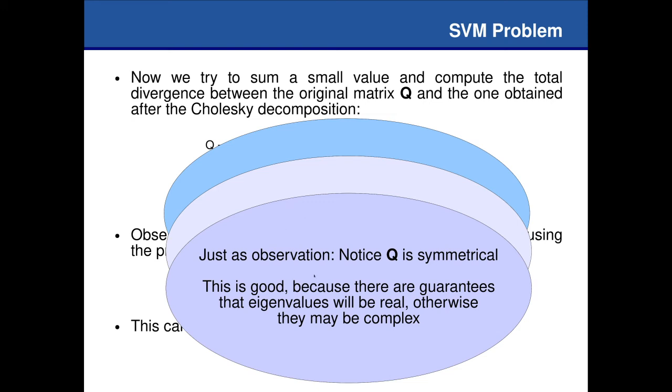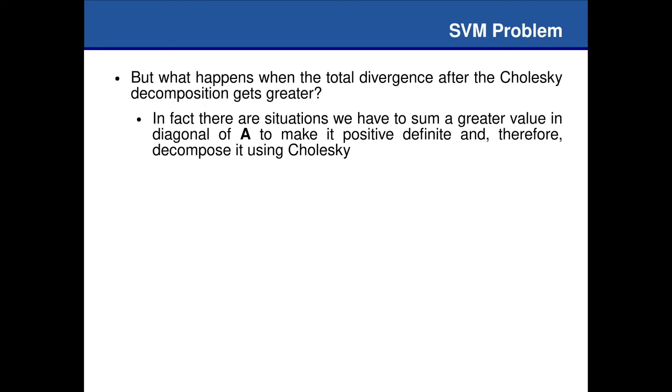Just as an observation, notice Q is symmetrical. That's good because there are guarantees that eigenvalues will be real. If you remember that from algebra, every time we have a symmetrical matrix, eigenvalues will be real. Otherwise, they could be complex, in a complex space.